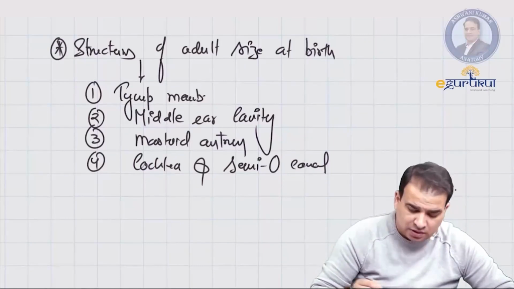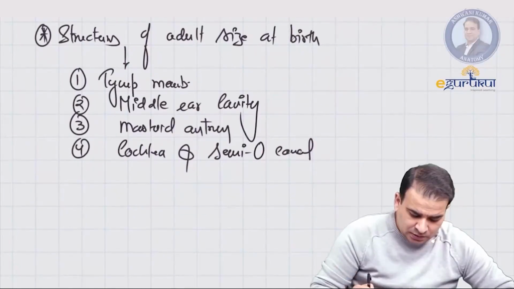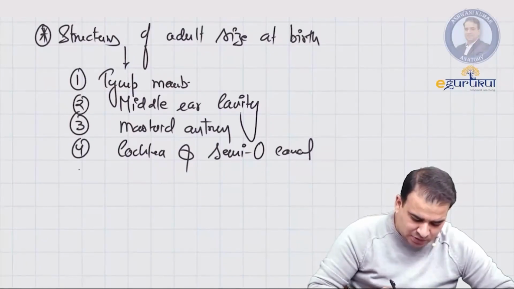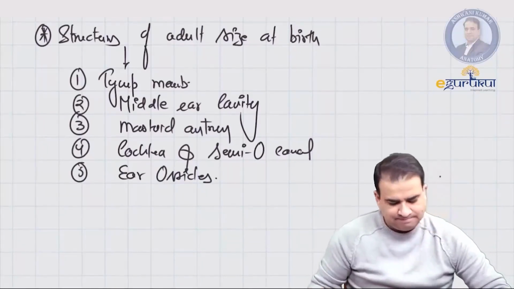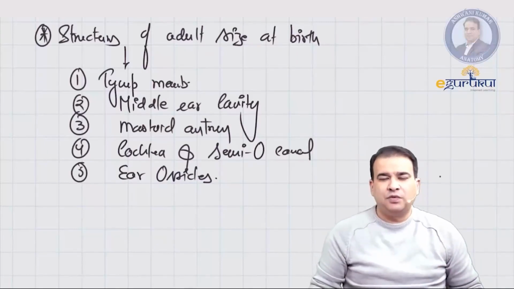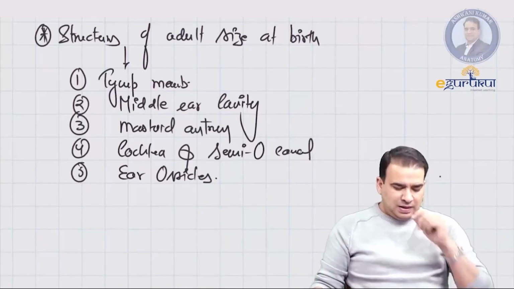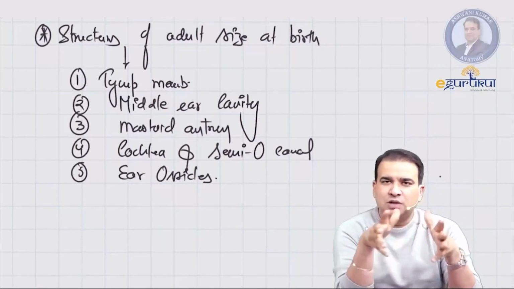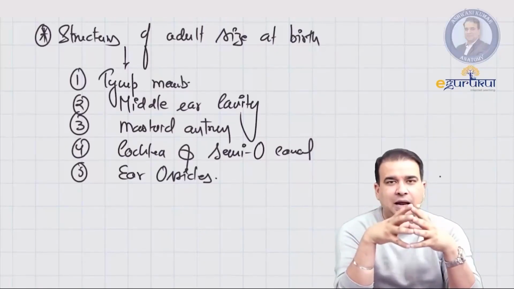So tympanic membrane, middle ear cavity, mastoid antrum, cochlea, semicircular canal, and obviously the ear ossicles. Malleus and incus are also of adult size at birth. So most of these structures are related to the middle ear. They are the ones which are of adult size at the time of birth itself. This is also a question which is asked more than once.